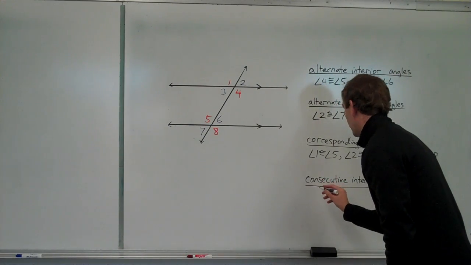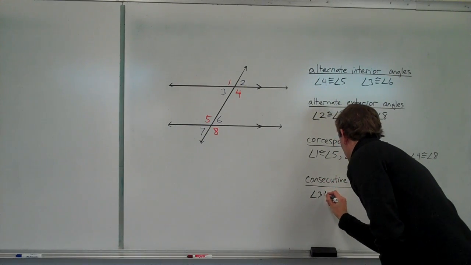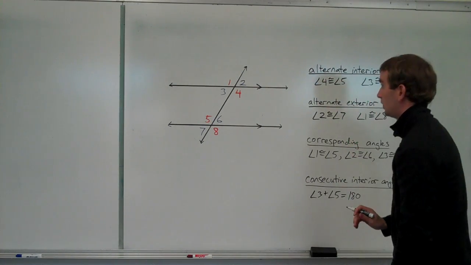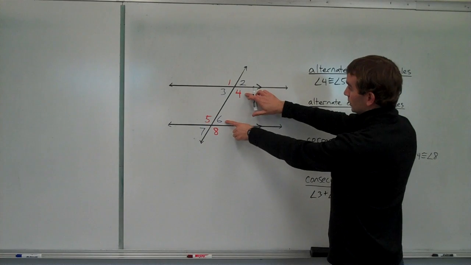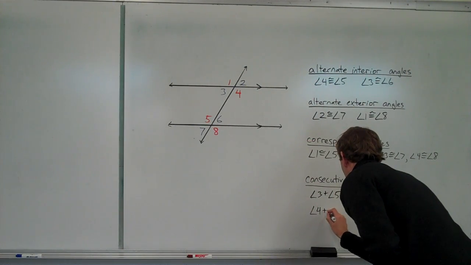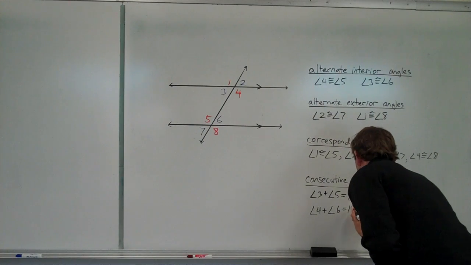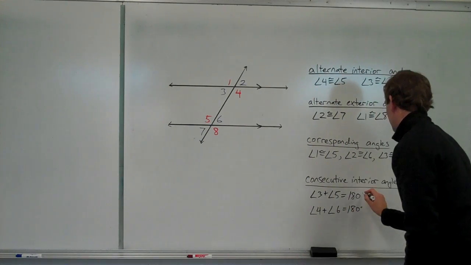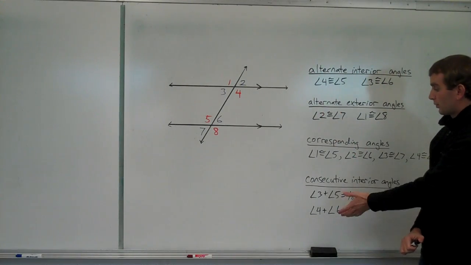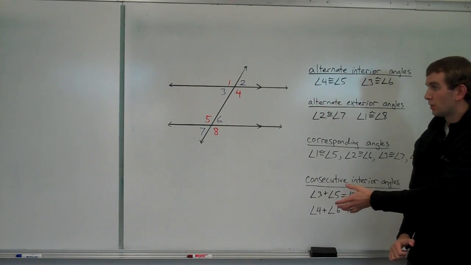So we're going to write angle 3 plus angle 5 equals 180. Same thing with 4 and 6. Okay, so these are the 4 common angle relationships that we'll have.